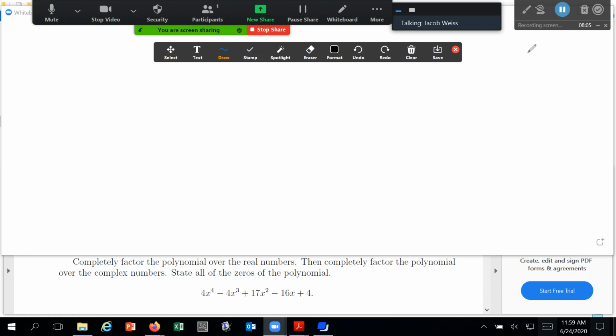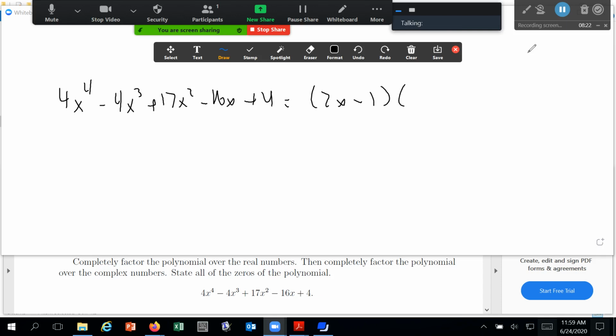All right, so since 2x minus 1 is a factor, we can conclude then that our original polynomial is going to be 2x minus 1 times some other polynomial.